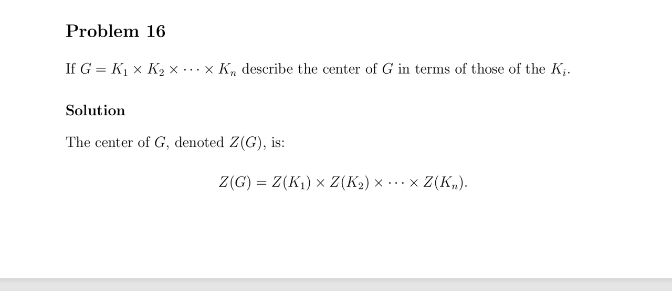And another one: G equals K1 cross K2 cross and so on Kn. Describe the center of G in terms of those of the Ki.